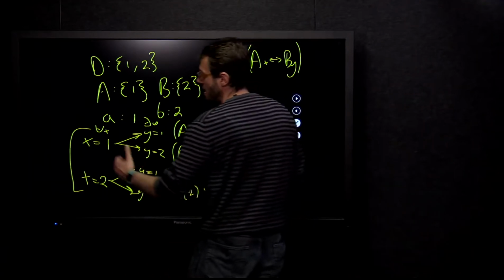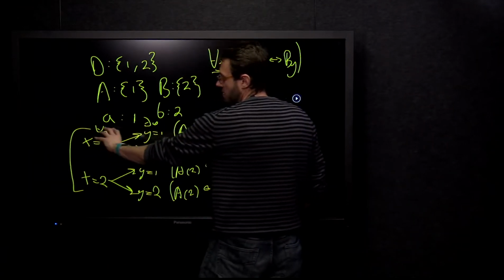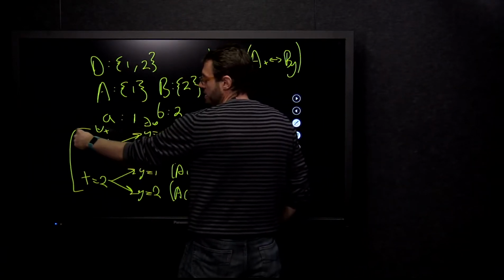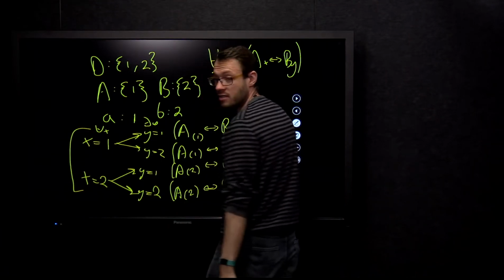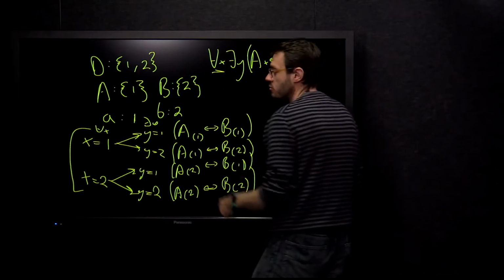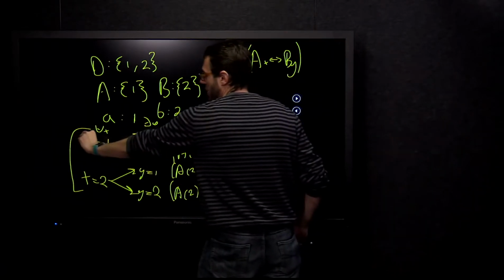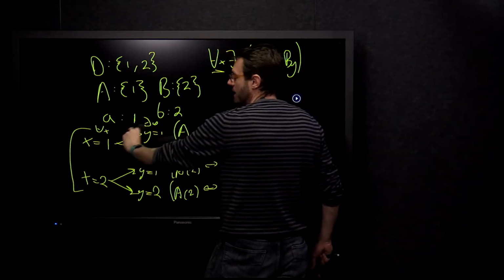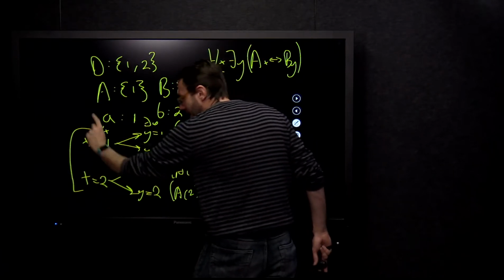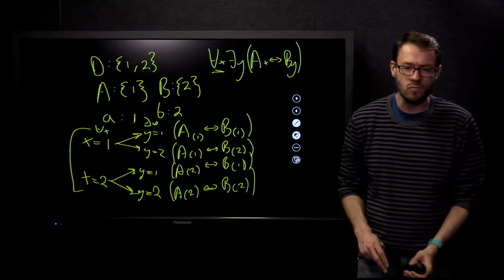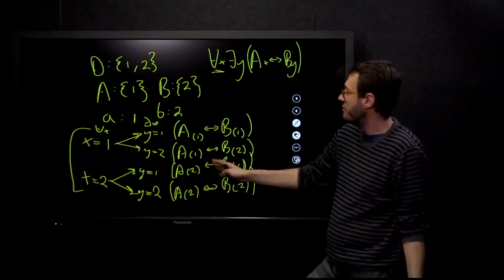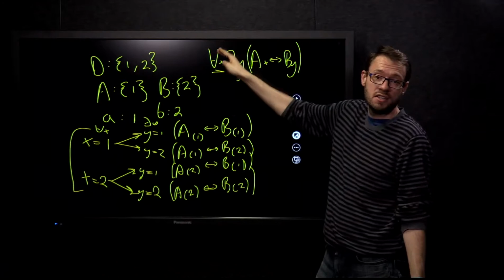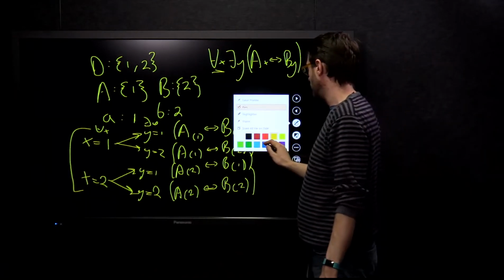So what that means is that you can think of these as paths, and I need one path from x in each case to hold, but it only needs to pass through one of the y's. I don't need it to be the case that it holds for both of the y's. I just need it to hold for one of the y's, but in each case for each x. All right, so let's just compute these values, and then once we've got these values, we can feed that information back to understand what's going on with this sentence.